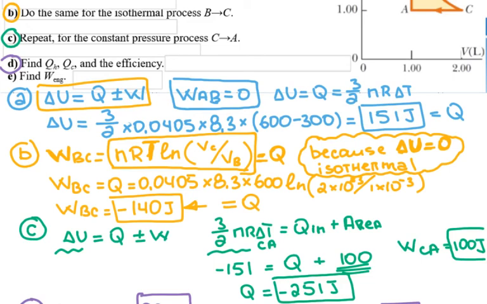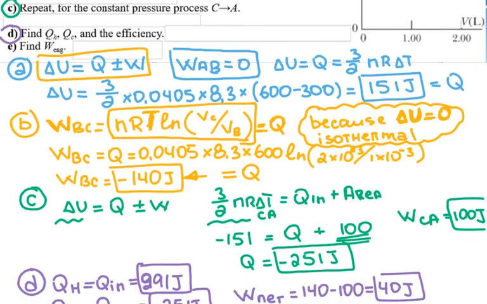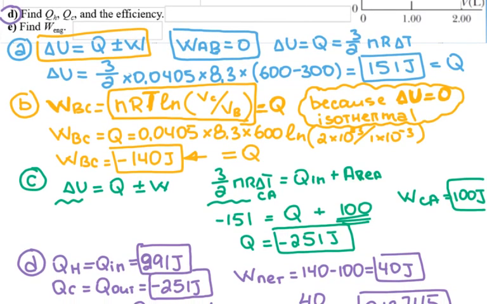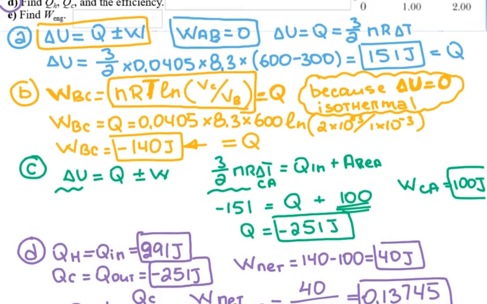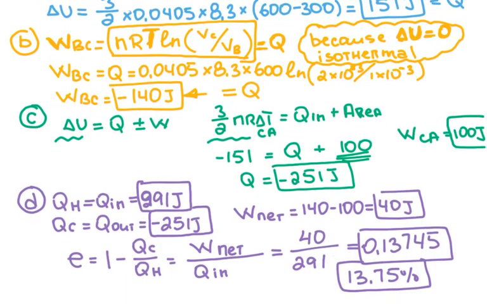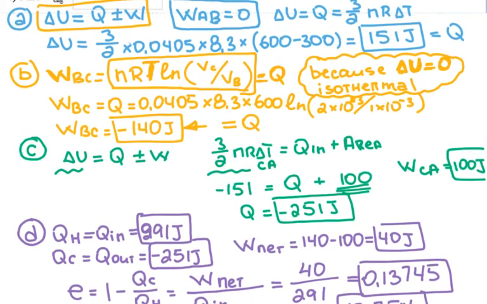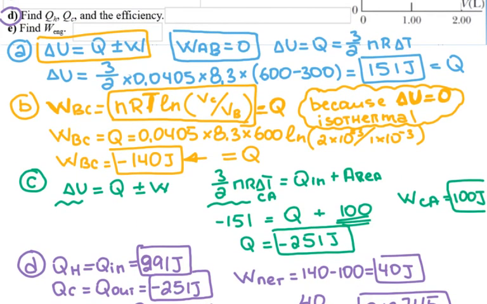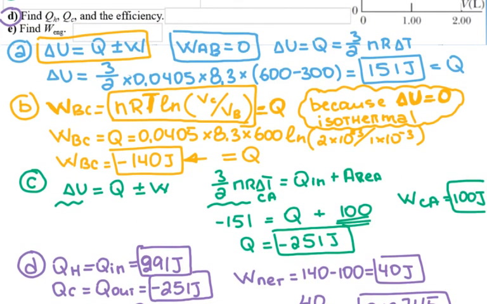And then for the next part, I had to calculate the cold and hot reservoir and the efficiency. For the cold reservoir, I have 251. For the hot reservoir, I have 291. So the heat for 251, it is right here.